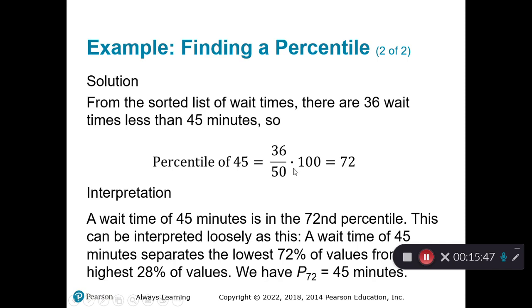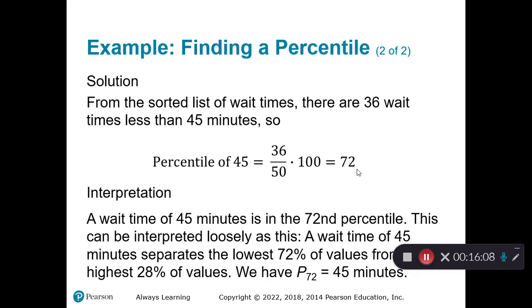So again, we have 36 values in our list that are smaller than 45. We have a total of 50 values in the list, and then we're going to multiply that ratio by 100, so we get a percentile of 72. Now that calculation wasn't bad at all, but what we have to focus on is interpreting what this tells us.